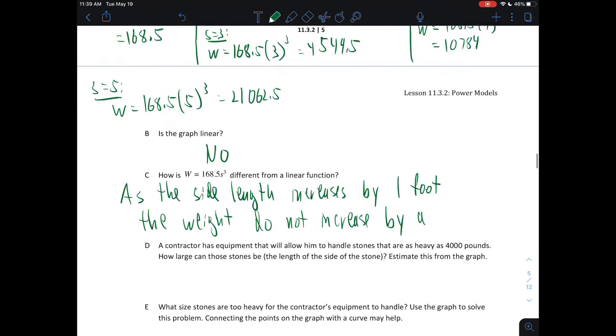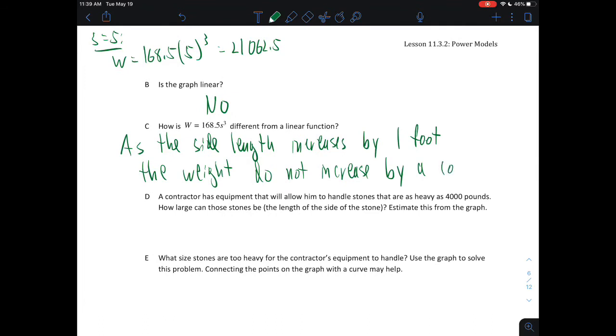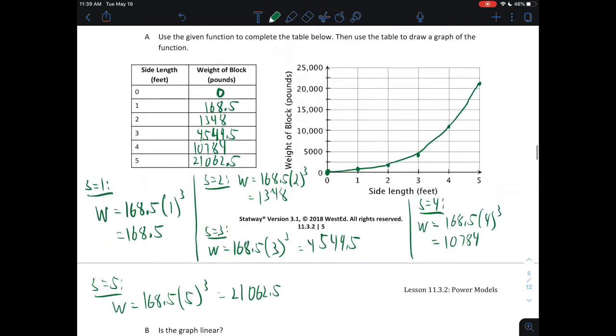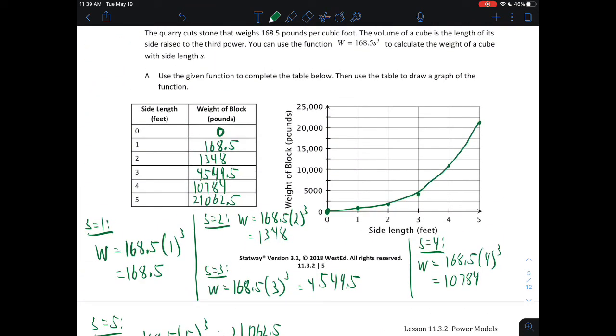If it was linear, it would increase by a constant amount. Just notice how quickly this jumps. Going from 2 feet in side length to 3 feet, you go up by a little more than 3,000 pounds. But then going up from 3 feet in side length to 4 feet, it's going up by 5,000 pounds. And then from 4 feet to 5 feet, it goes up by almost 10,000 pounds. So that's not a constant increase.